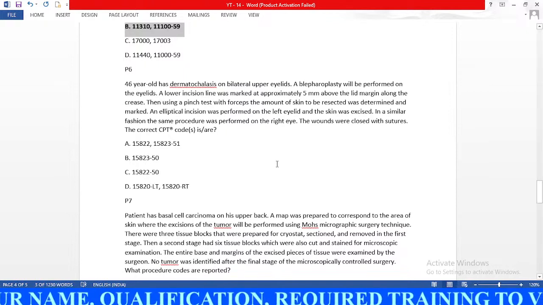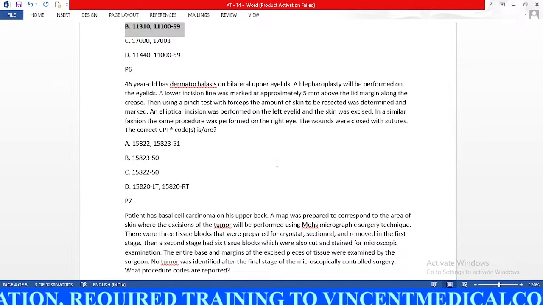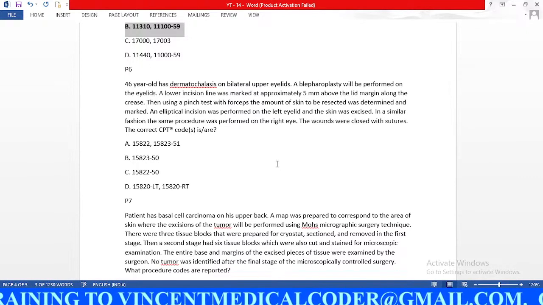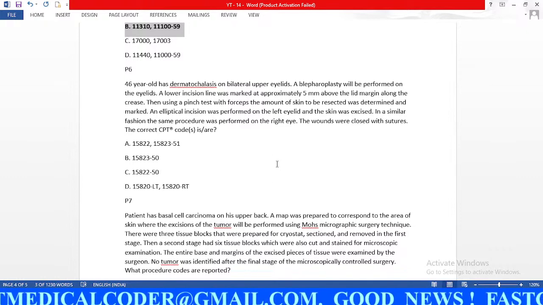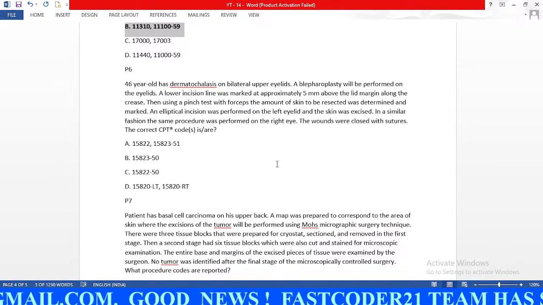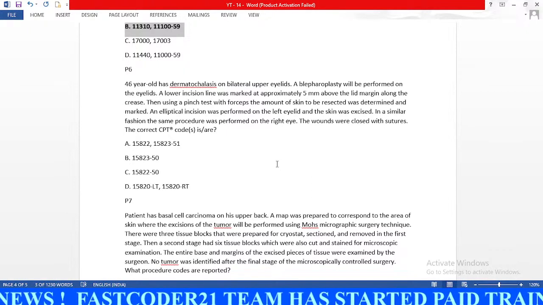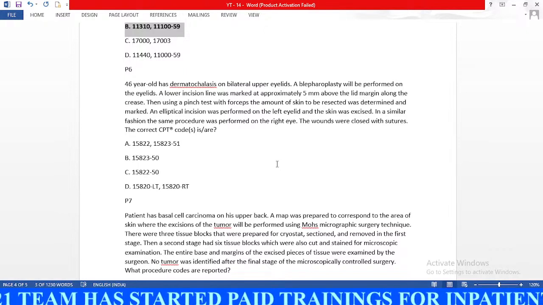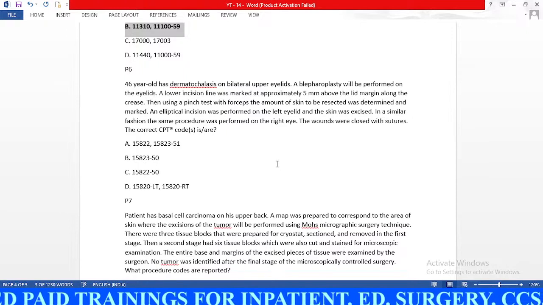Yeah, great. Yeah, good Srinath. So now we will discuss the answer.